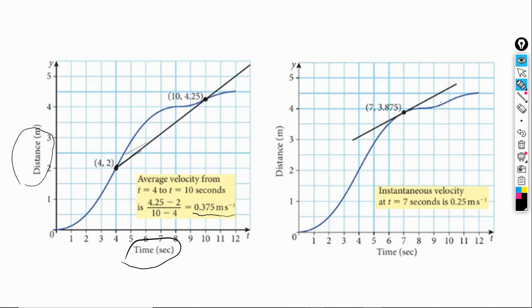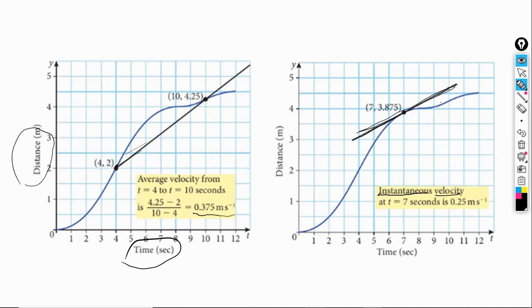It's the same graph, the same line, but in this case, we have a point which is (7, 3.875) and a line that is tangent to that point. So the slope of this line at that point of tangency would give us something called the instantaneous velocity.